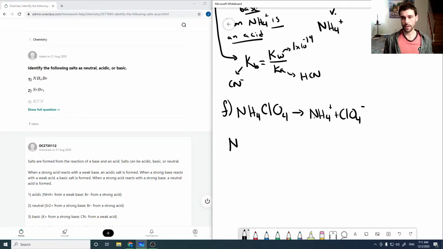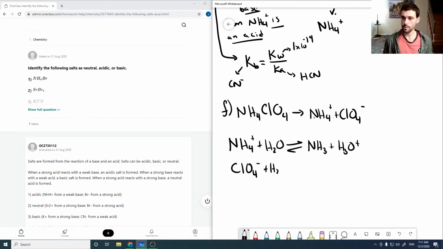So we've got NH4 plus plus H2O giving us NH3 plus H3O plus, and ClO4 minus plus H2O goes to HClO4 plus, sorry, not H2O, OH minus.